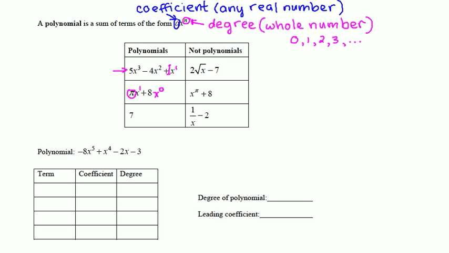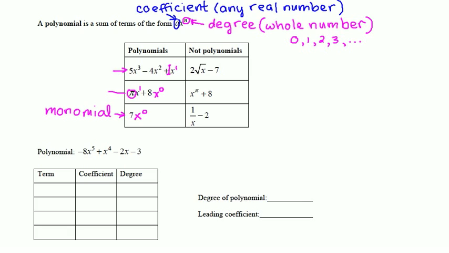Also, just the number 7, which also could be thought of as 7 times x to the 0, is considered a polynomial. It doesn't have to have a minimum number of terms to be called a polynomial. Even a single term can be a polynomial. This kind of polynomial is called a monomial. It has only one term.